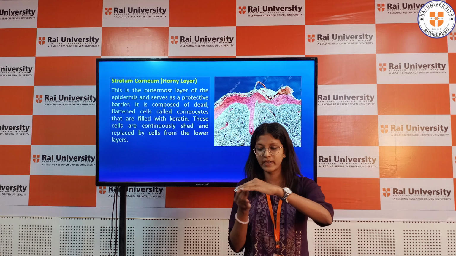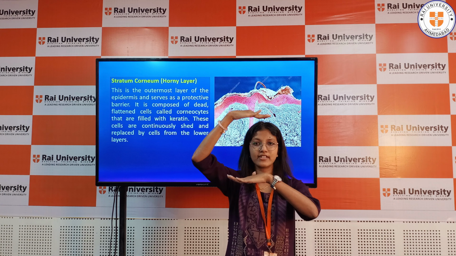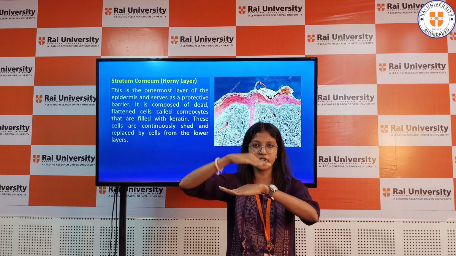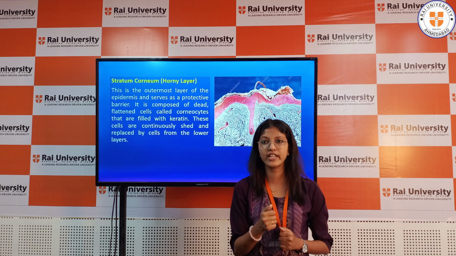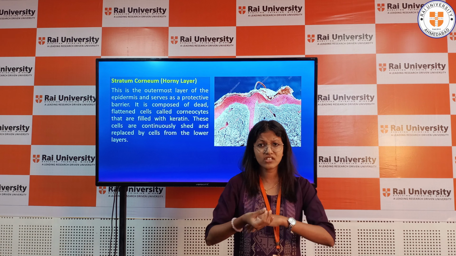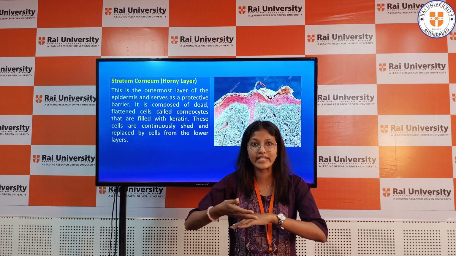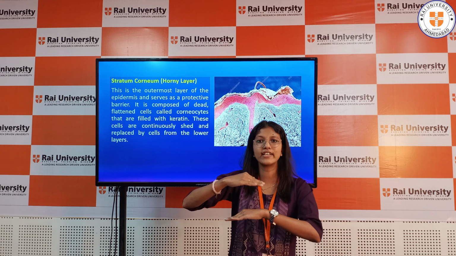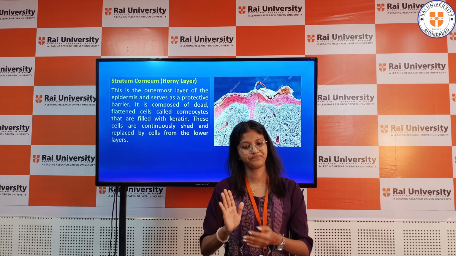Like this is our skin, and on the upper side we have the dead keratinocytes, and slowly new cells will grow. A tattoo is also an example. After a few years, the color will disappear, right? That means new cells are coming upper.